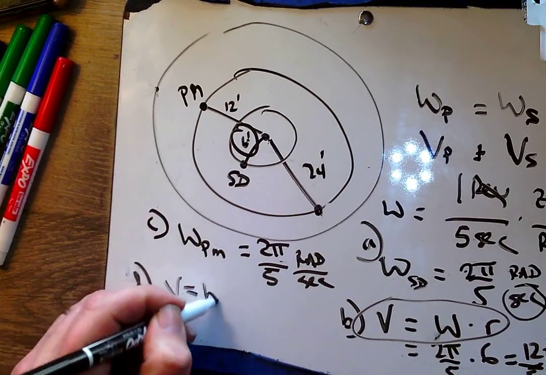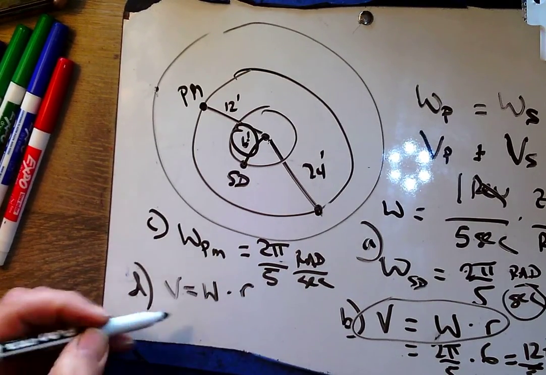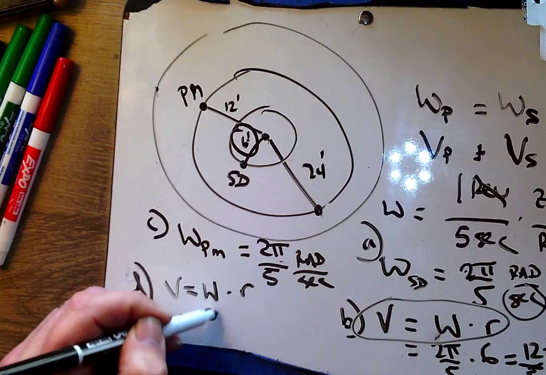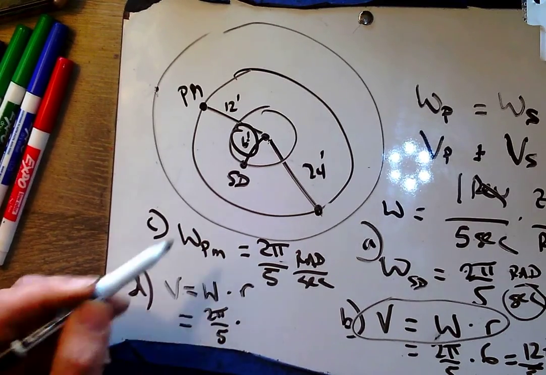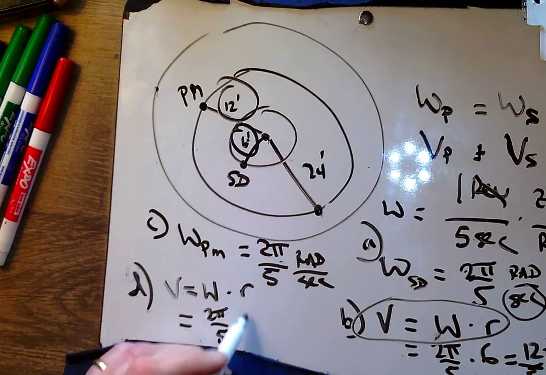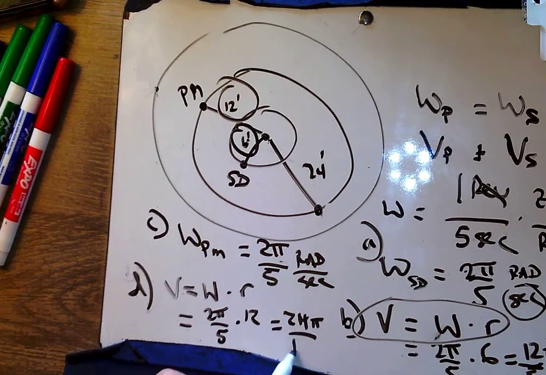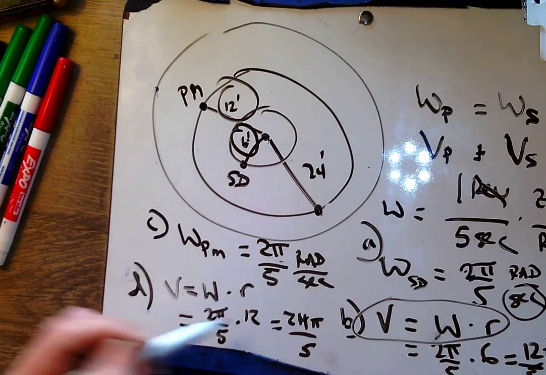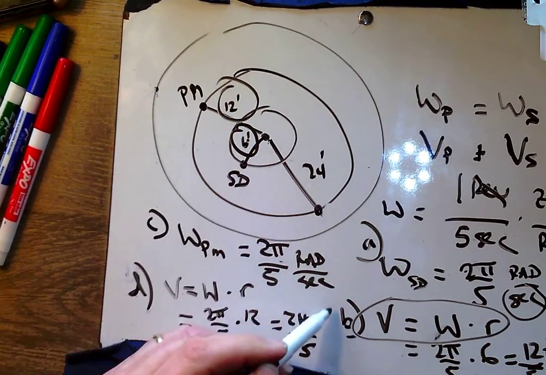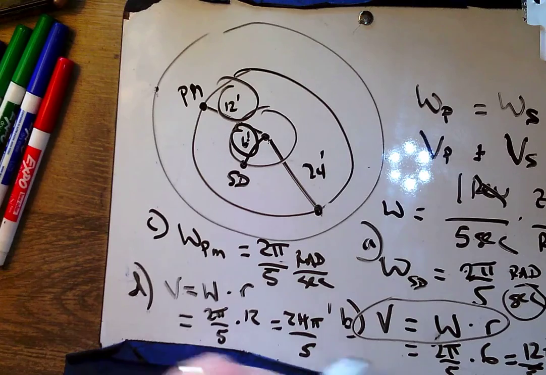Linear velocity is angular velocity times radius. Our angular velocity is 2 pi over 5, and our radius for the praying mantis is 12. So I get 24 pi over 5, and my units here are going to be feet per second.